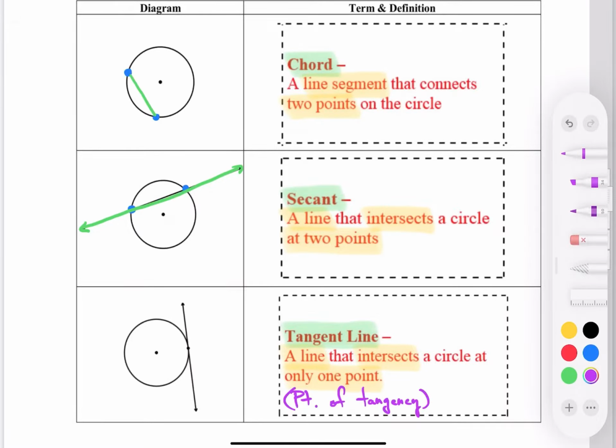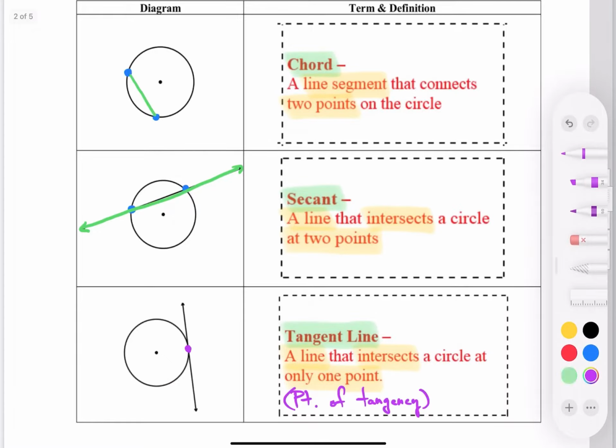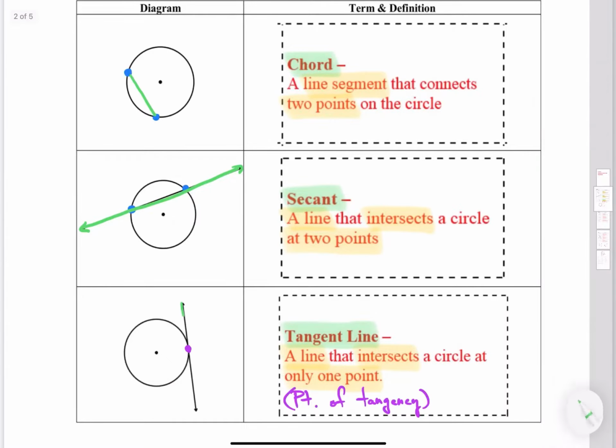If we take a look here, we have our point of tangency located right over here. And then we have a line that goes through that 1 point and just touches the edge of that circle. Some may call it the tangent point.